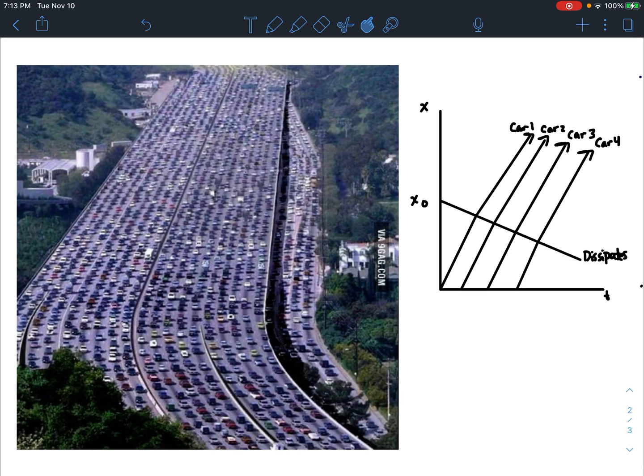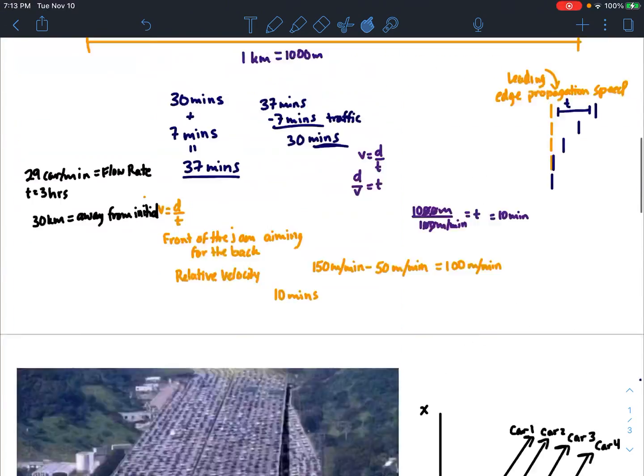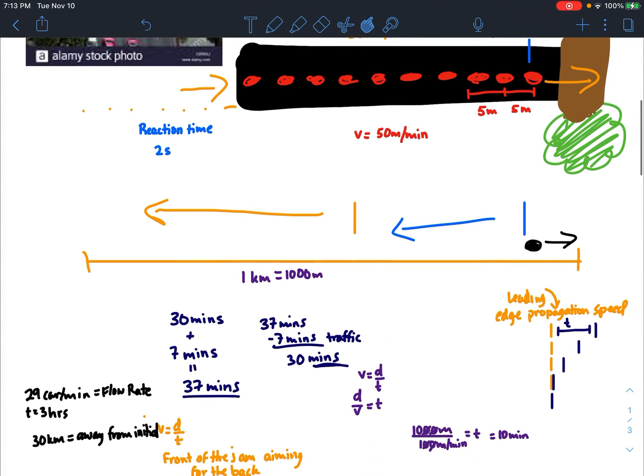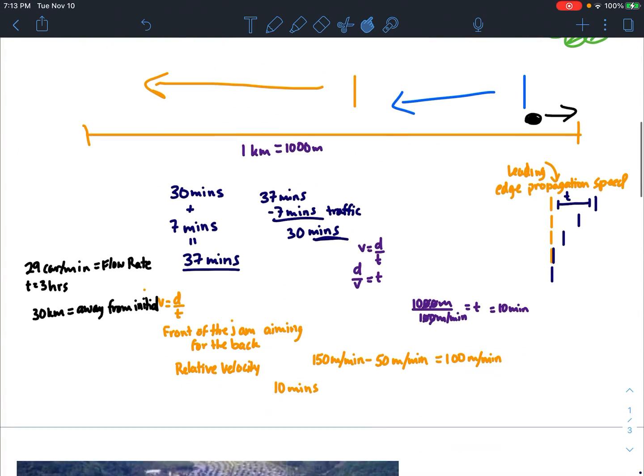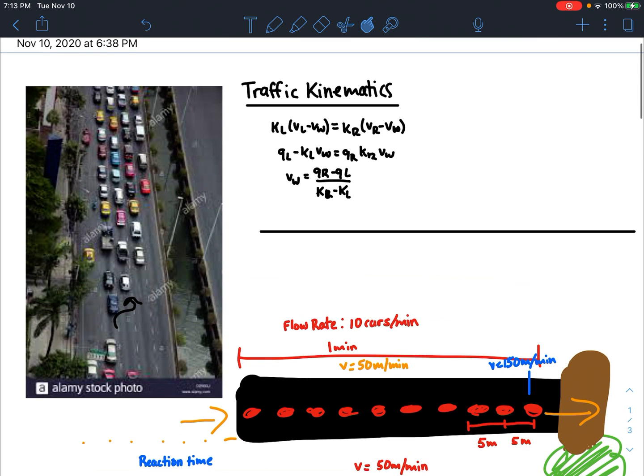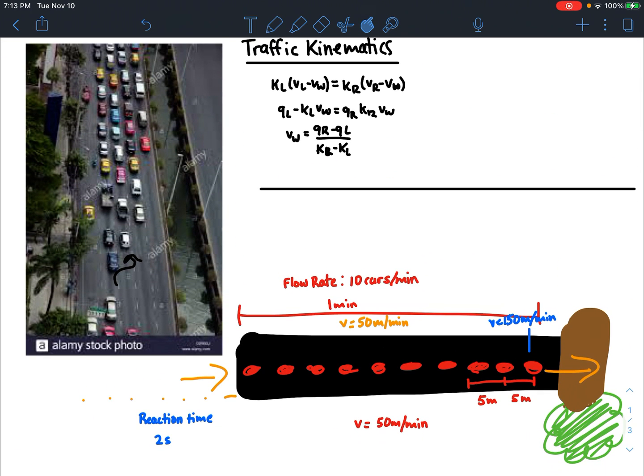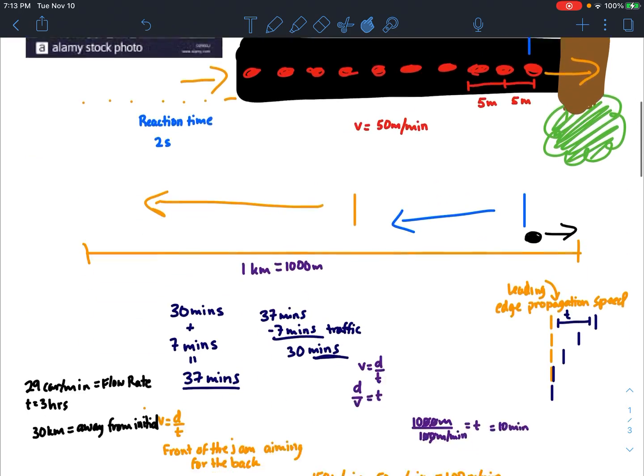And it was over 120 kilometers long and involved more than 10,000 cars, which is crazy. And that's what they use to calculate this. They use these methods and these equations of what is before and what is after.